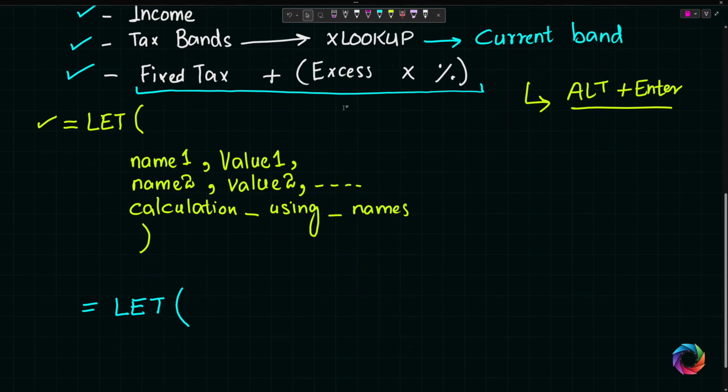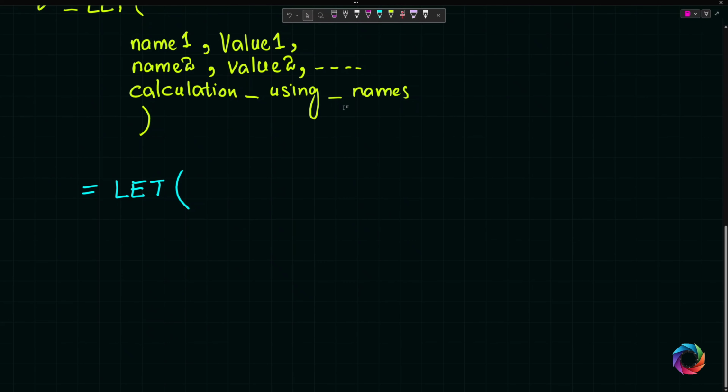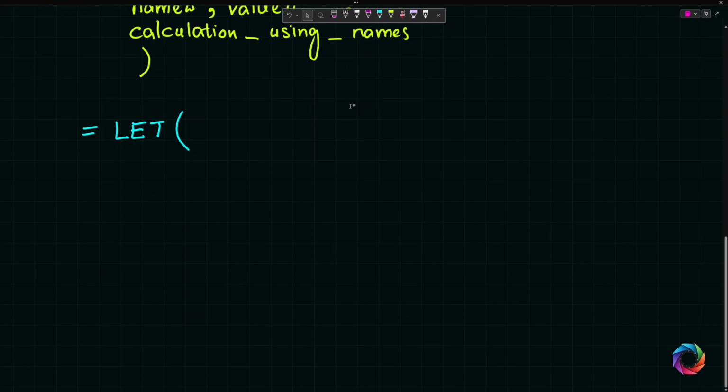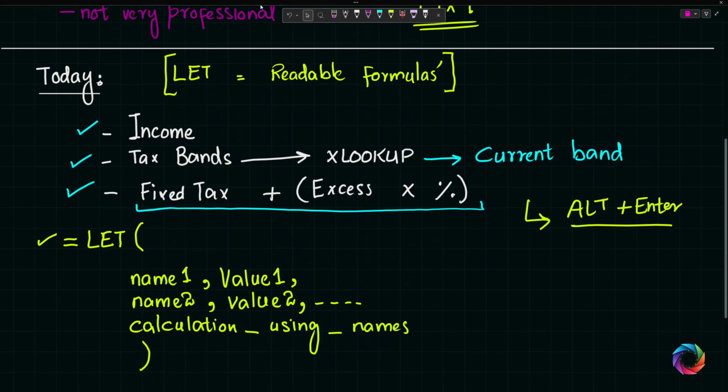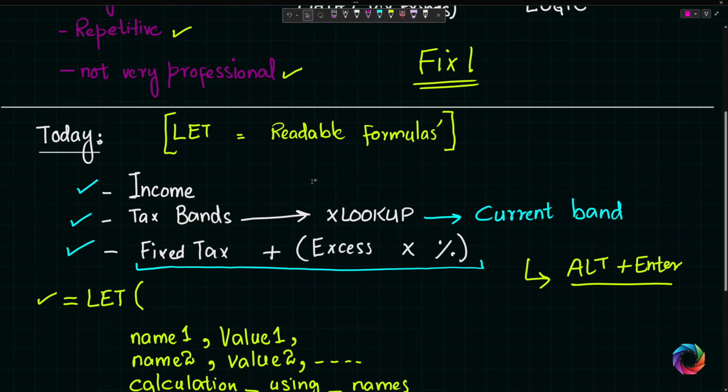So let's define our variables according to the calculation. First of all, our first variable should be income. After that, we need a band start, because whenever we want to place our income in a tax band, our reference point is the starting point of a tax band.